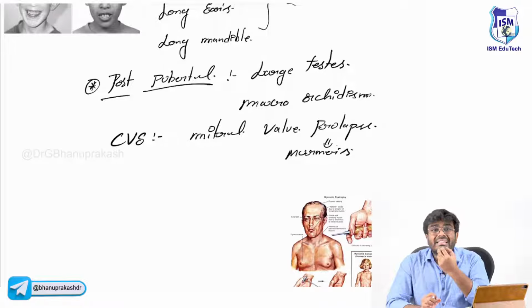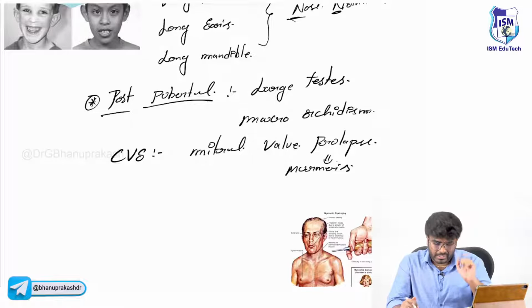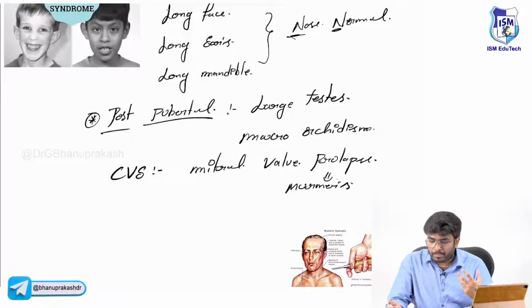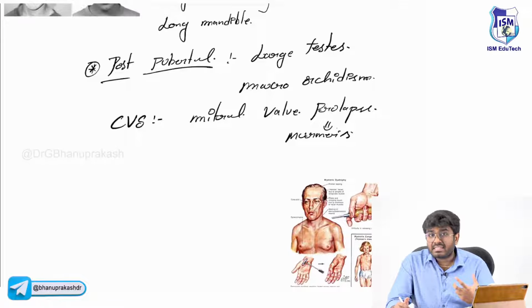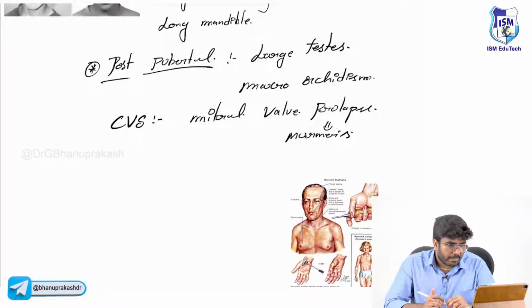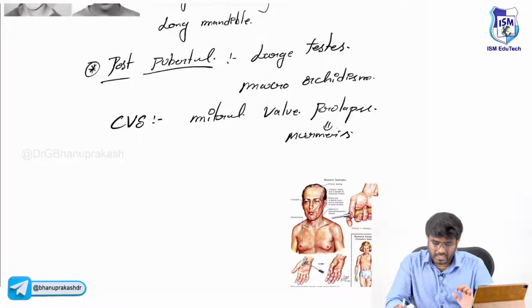Dental crowding will also be seen, but that's not that important. I am not going into little small details. Post-pubertal macroorchidism is seen. As a CVS abnormality, mitral valve prolapse can be seen. Cardiomegaly and dilation of the aorta can also be seen in these persons, but that's not important.